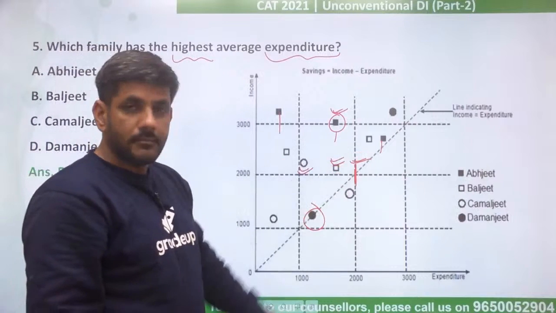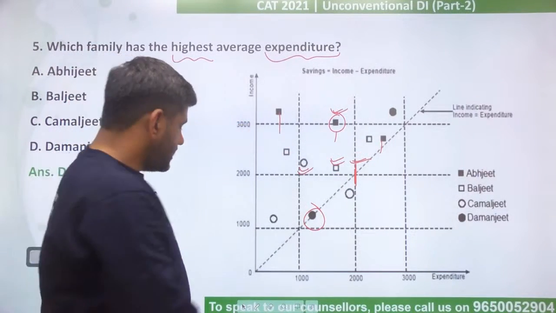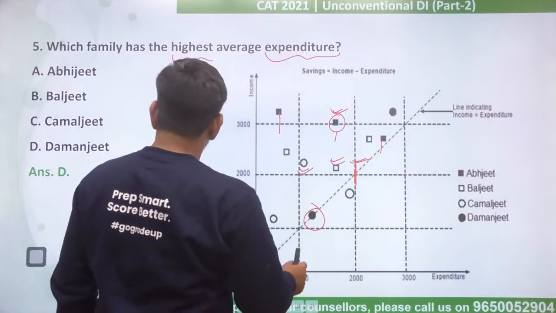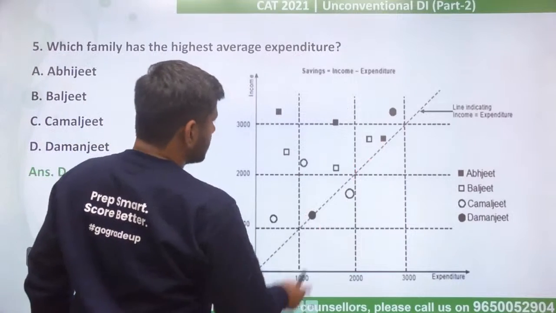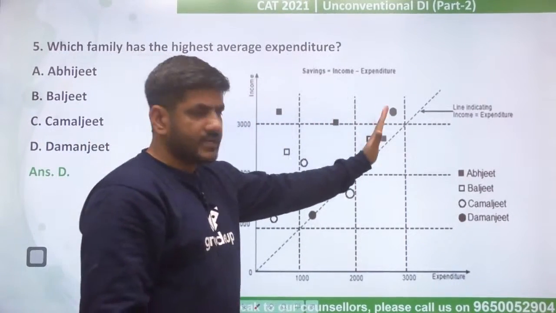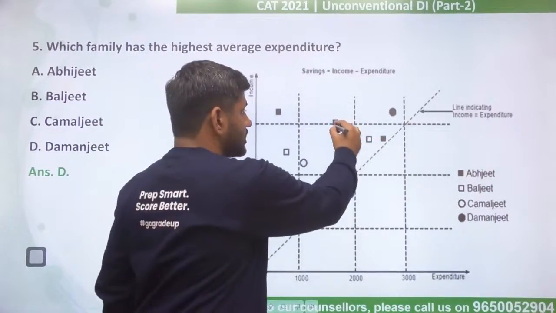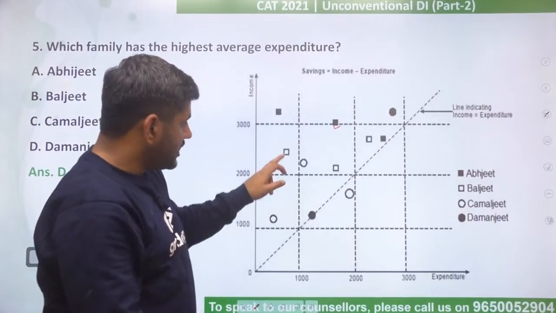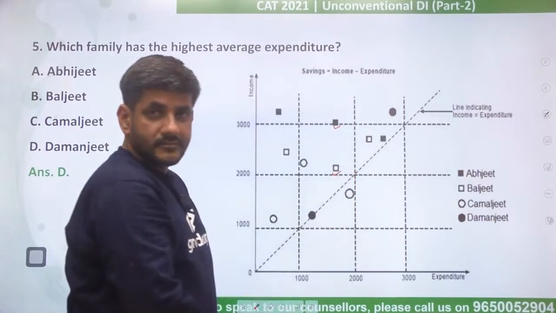So when I talk about Abhijit, that means these black squares. These 3 black squares are here, here and here. Almost at equal distances. If you take the average of the three, that will be somewhere around this, right? Similarly, if you look at 3 white squares, their average would be somewhere around this.